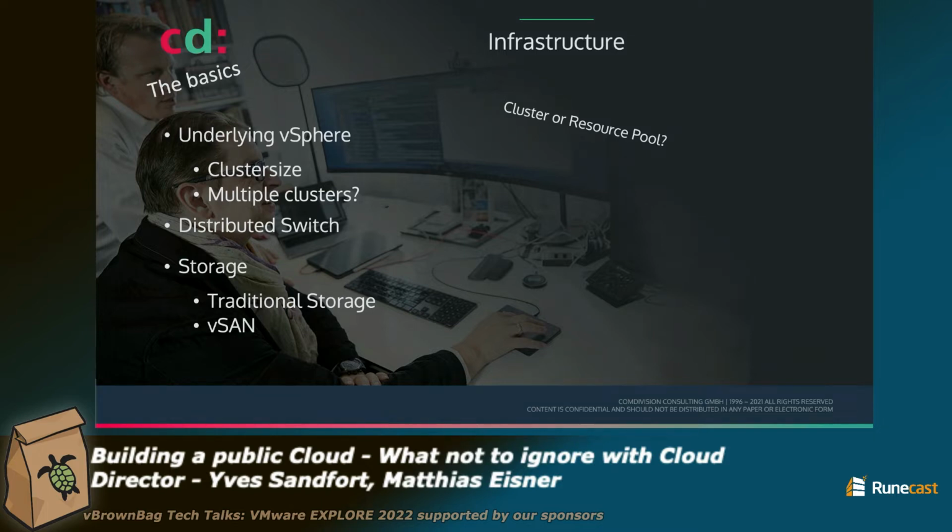How many clusters are we going to use? Do we need distributed switches? Maybe. Yeah. Which storage technology are we leveraging? Right? I just throw in a few numbers on that. Are we using a cluster or a resource pool as the underlying vSphere basic to provide compute to Cloud Director?